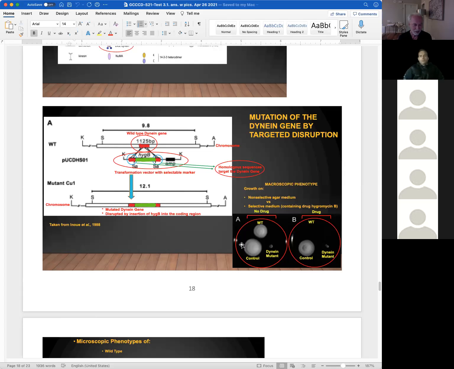You had to wait for weeks at a time and cut away the control or the non-mutants so they didn't overgrow his mutants. And then you can see in the plate on the right, the little dynein mutant can still grow even in the presence of drug, and that's because it has this drug resistance gene.